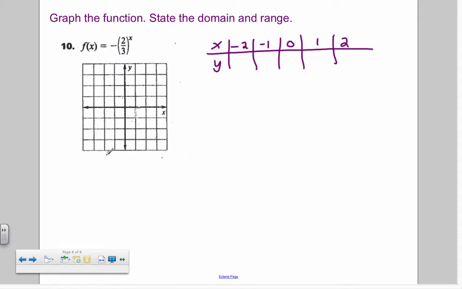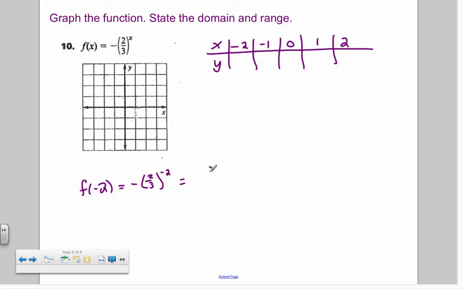So let's start by plugging -2 in. f of -2 would give me -2/3 to the -2 power. To follow order of operations, I have to apply the -2 power first. Well, I know that a negative power makes me drop things below.